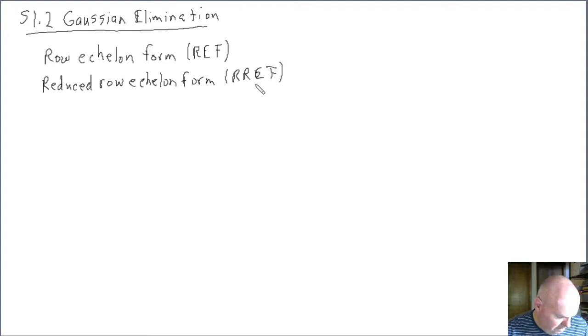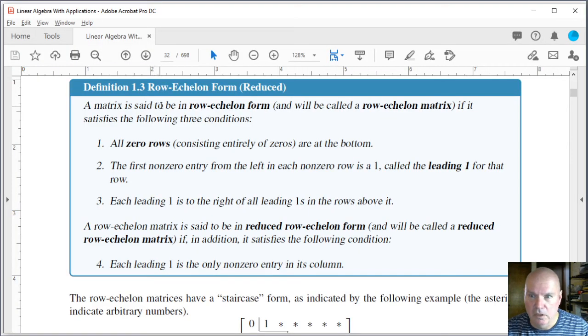So an echelon is actually a military term that refers to a particular arrangement of the troops where they're in like a stair-step formation. But let's look at the definition from the textbook. A matrix is said to be in row echelon form, and will be called a row echelon matrix, if it satisfies the following three conditions.